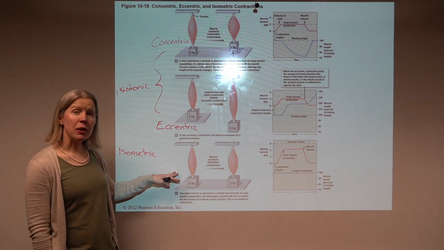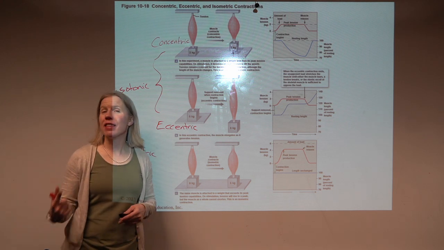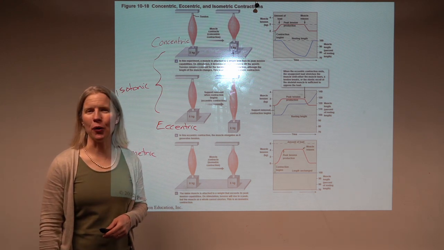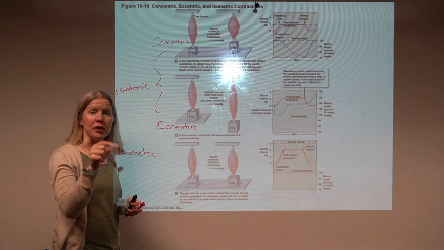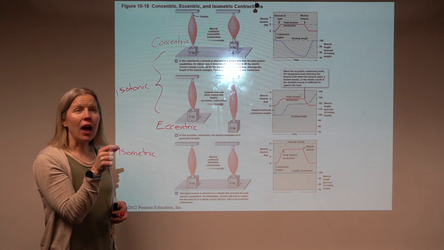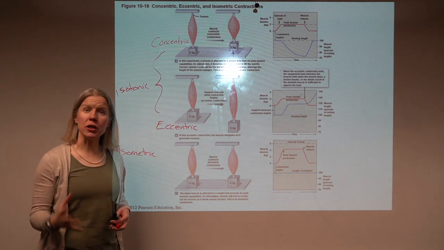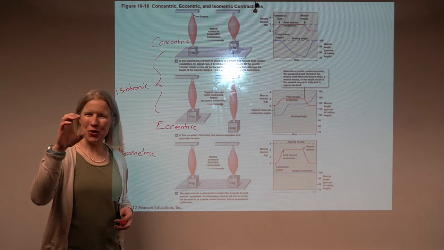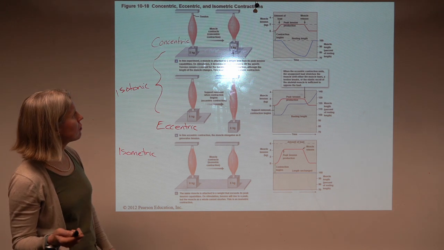But this type of contraction is super important in everyday life. This is what your postural muscles are doing, right? If you stand up and feel your back, you'll feel these bands of muscle on either side. They're not necessarily going through big length changes, but they need to be able to hold you in position, exerting that force.